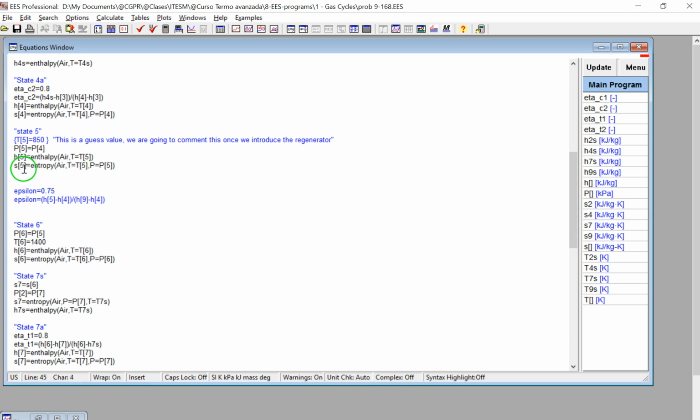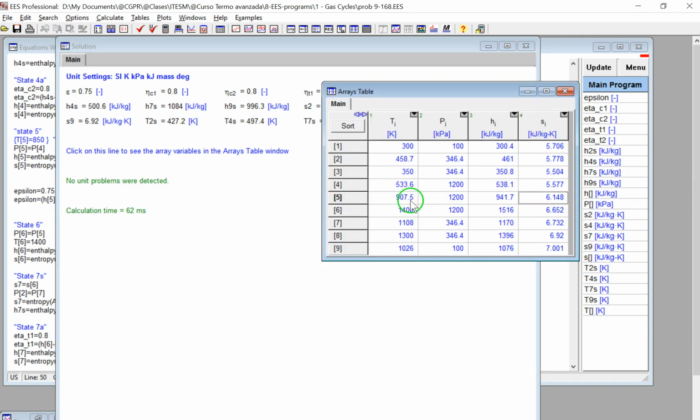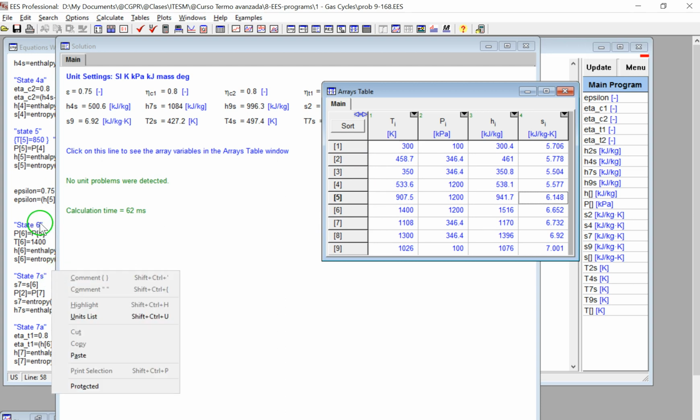Recall that this doesn't require that you have this previously, because it will be by iteration. So if I press F2, I'll have the value of T5. You can see that it's solved, and you can see that it's 907. We said it should be higher than temperature 4, lower than temperature 6. So now we have all of our data, all of our states.